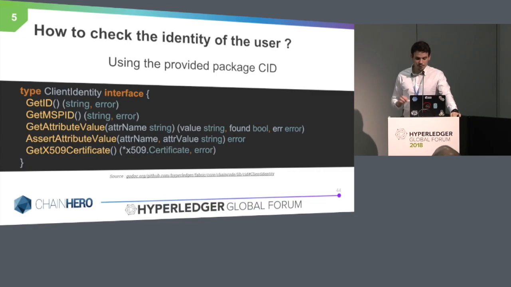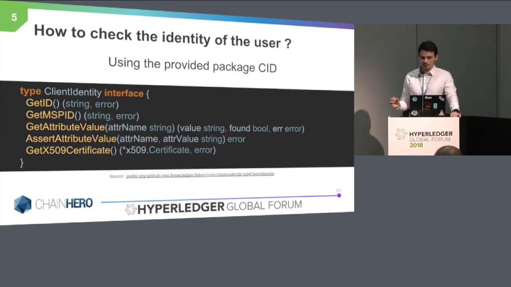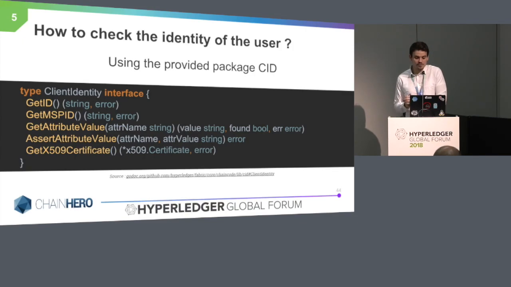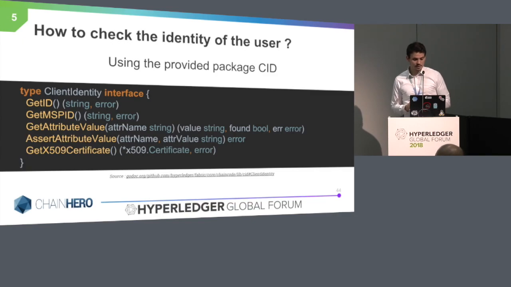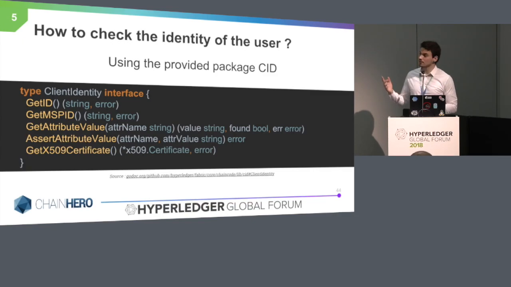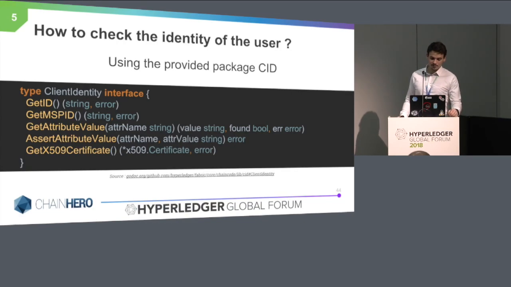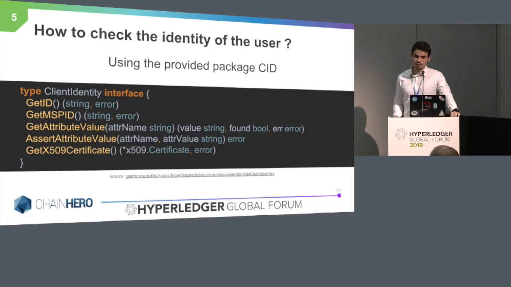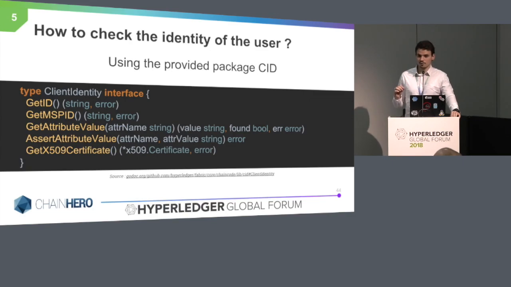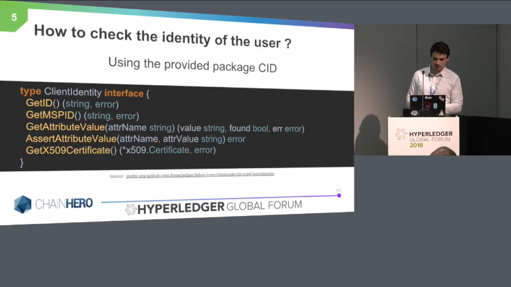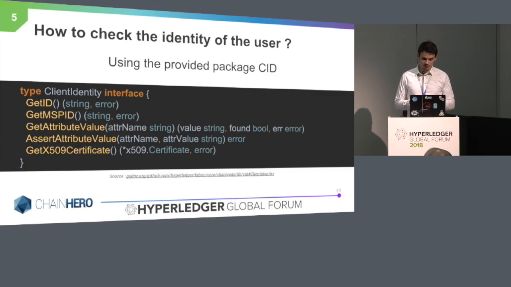How do you get identity information of the user that sent the request? Fabric provides a library, CID, that helps us get information about the user. You can get, for example, the ID, the certificate, the unique identifier of the certificate.